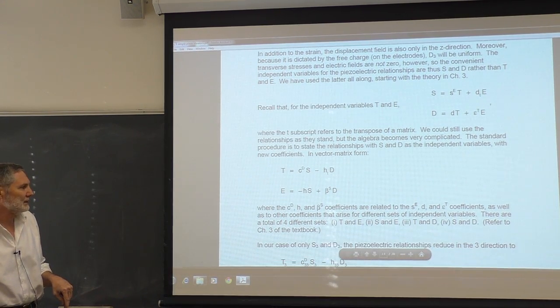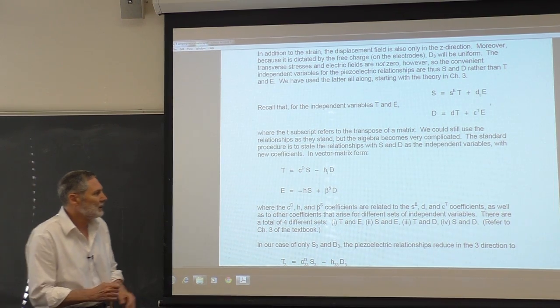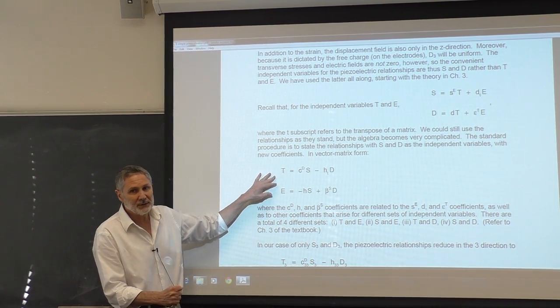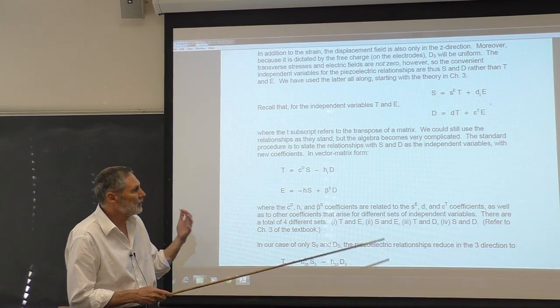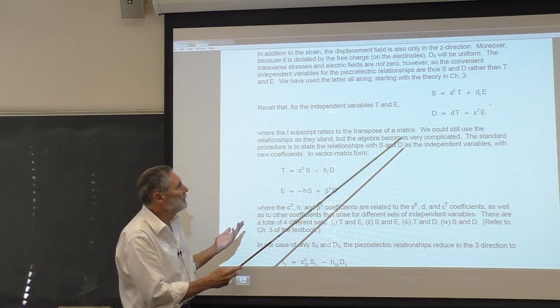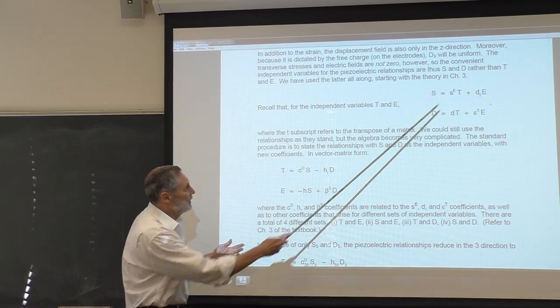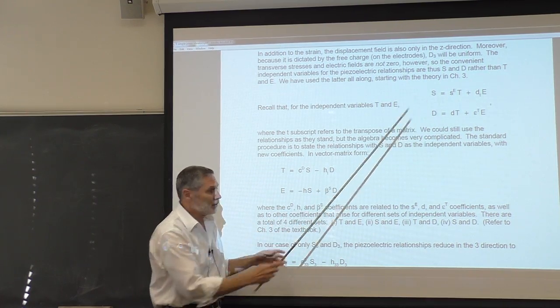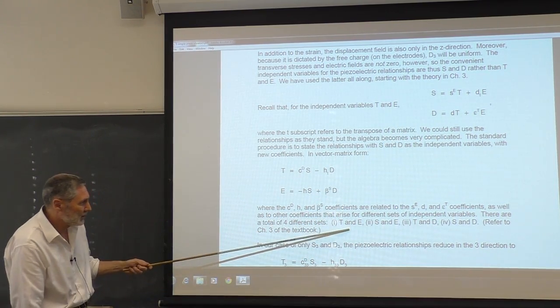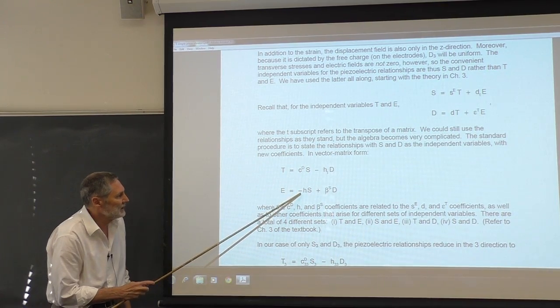Now, while we're at it, I've mentioned this before: this is not the only possibility. There are a total of four possibilities for choices of independent variables. We've gone to the flip side of this. Here's one where we've changed both of them, but you could just change one. So here are all four possibilities. They're going to have their own designated coefficients.